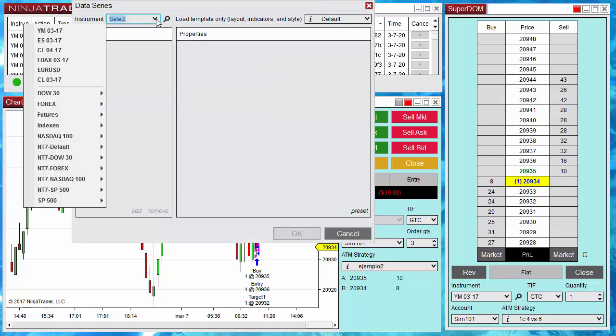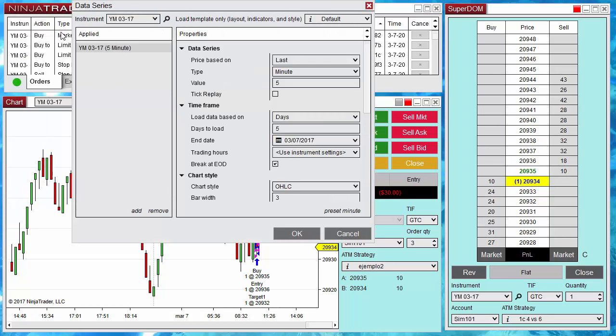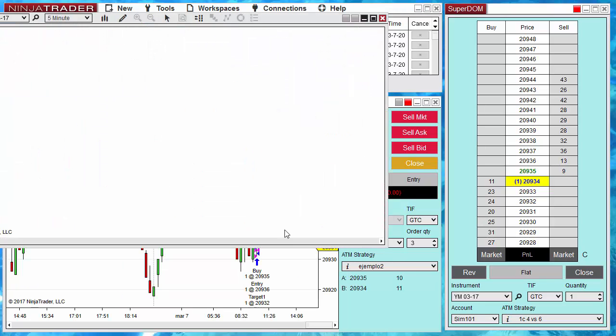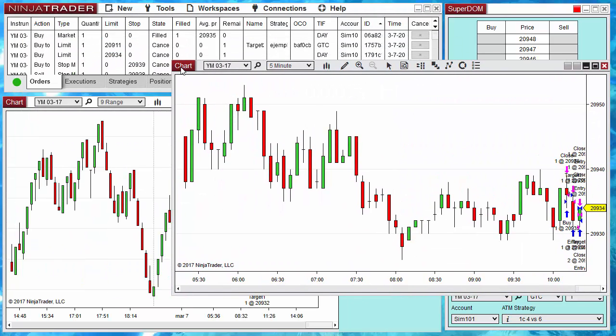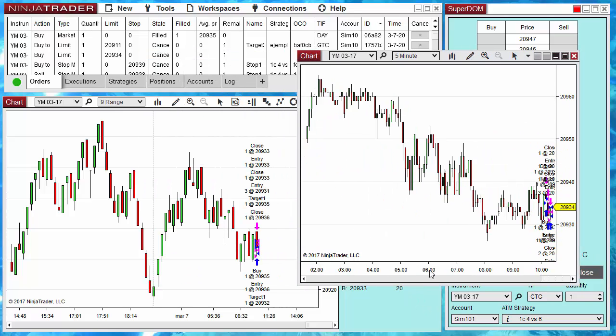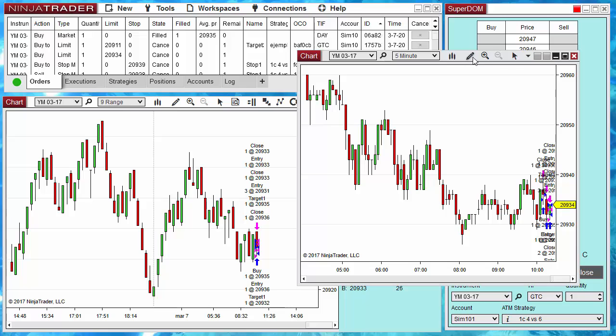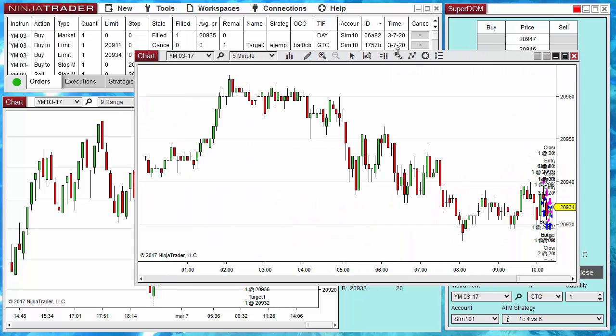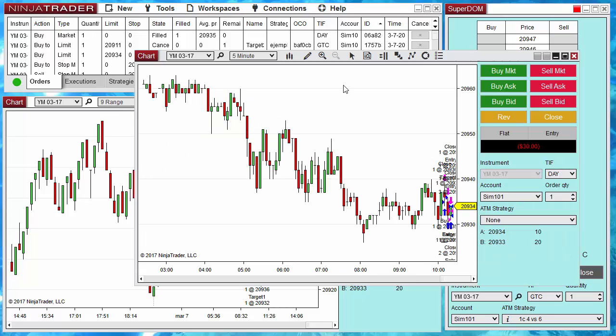I will try with another chart. We need to enable ChartTrader.